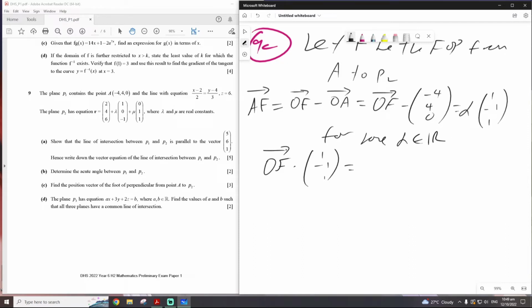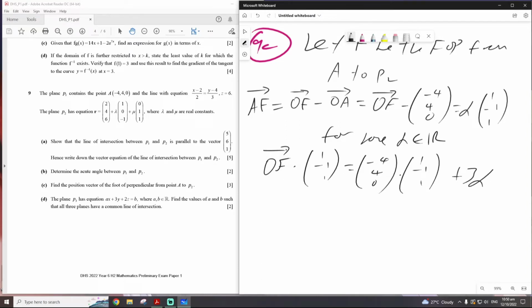Oh yes, because this has to be equal to (-4, 4, 0) dot (1, -1, 1) plus 3 alpha.